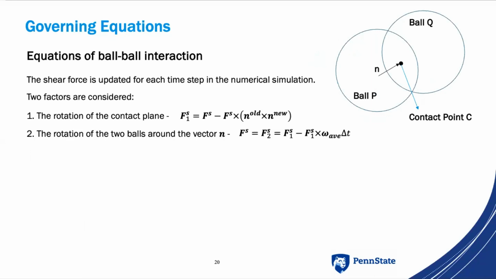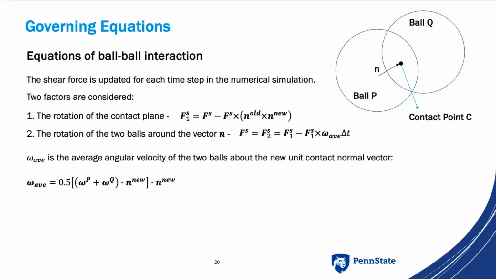Next, the rotation of the two balls around the vector n is considered. The final shear force is then determined using the following equations, where the average omega is the average of the angular velocity of the two balls around the new contact normal vector, which is equated as here.